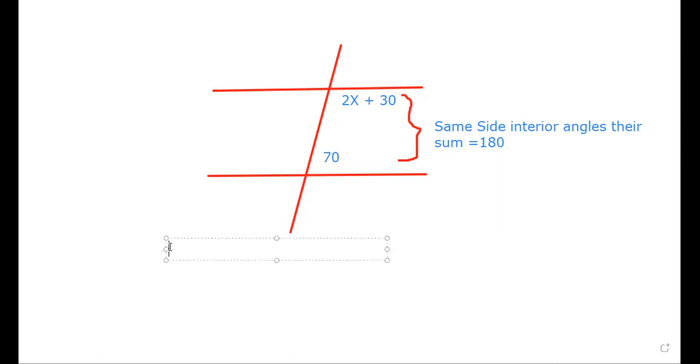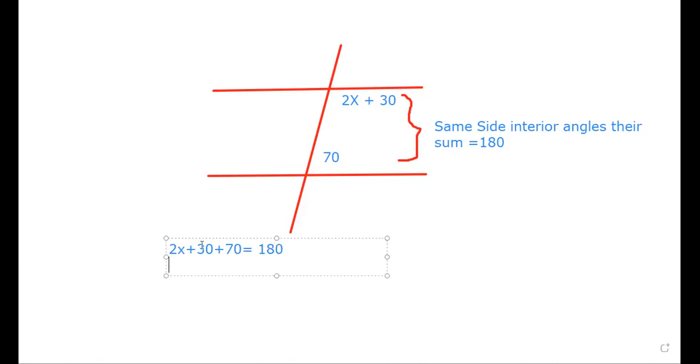Then we will add them together: 2x plus 30 plus 70 should equal 180, right?